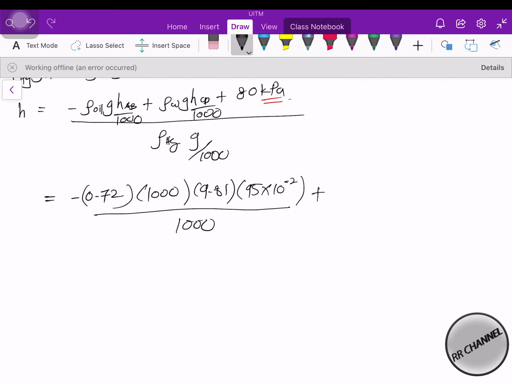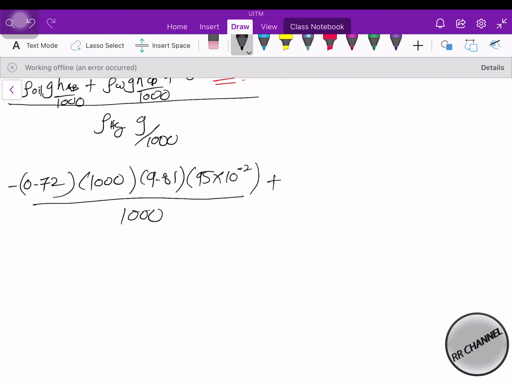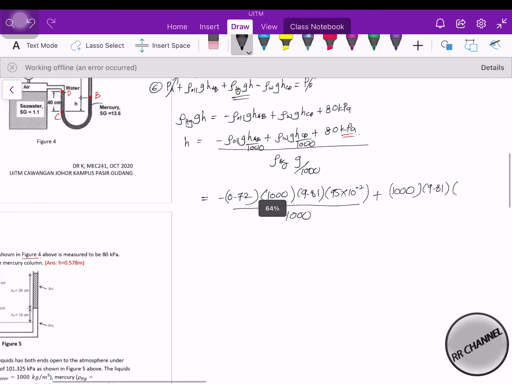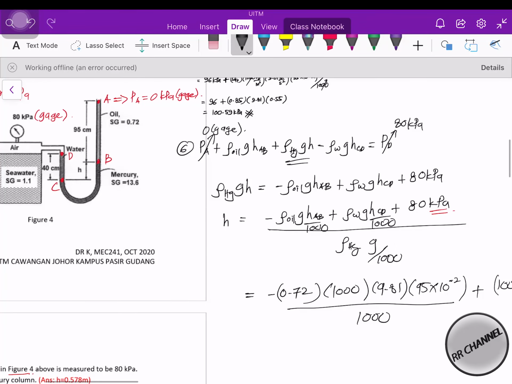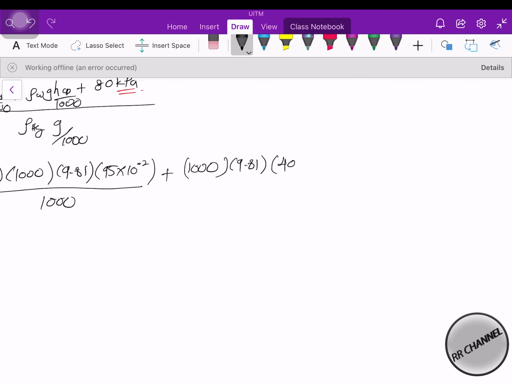Put the density of your water, which basically equals 1000. Then multiply with g, 9.81, and also the distance from point C to point D, which is 40 centimeter, or converted into meter, 40 times 10 to the minus 2.